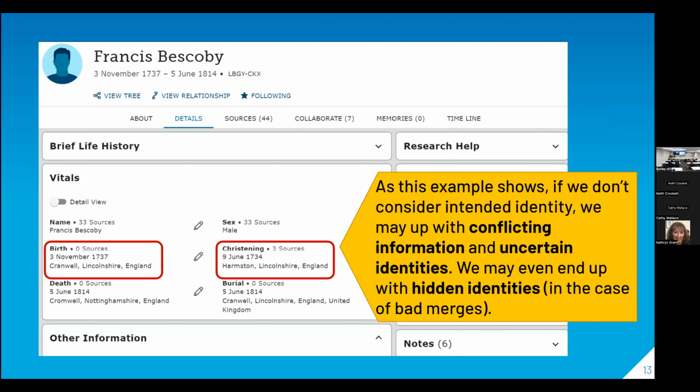As this example shows, if we don't consider the intended identity, we can end up with conflicting information and uncertain identities. And we can even end up with hidden identities if you've got a bad merge that totally hides one of the people that was merged into them.